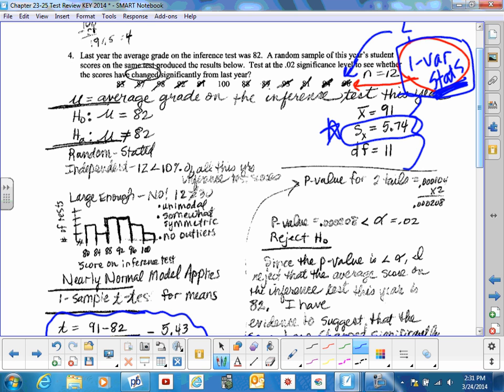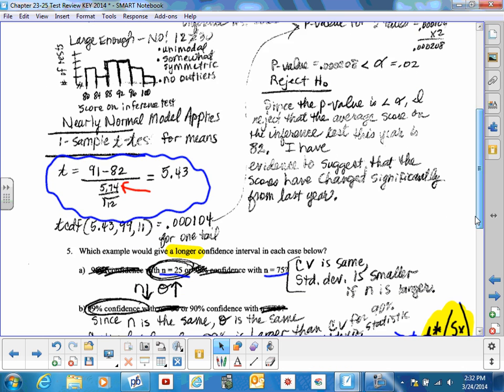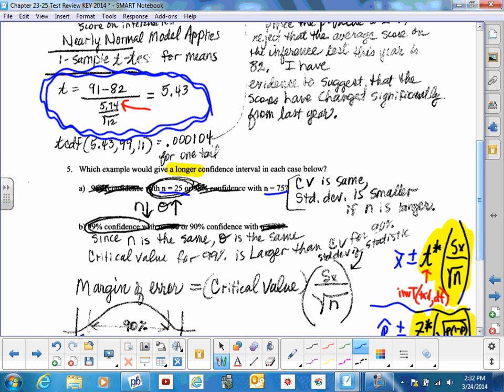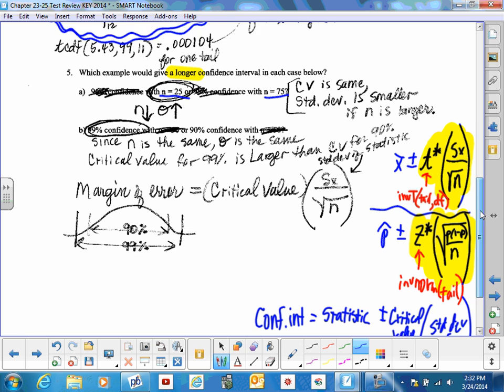When you put this in, it will give you all of the information you need to know about your list, including this standard deviation. Also, as you can see on number 4, I am showing this formula by hand because this was just a one sample t-test for means. I'm wanting you to still be practiced in that and not just rely on your calculator. All right, now here we are at number 5.